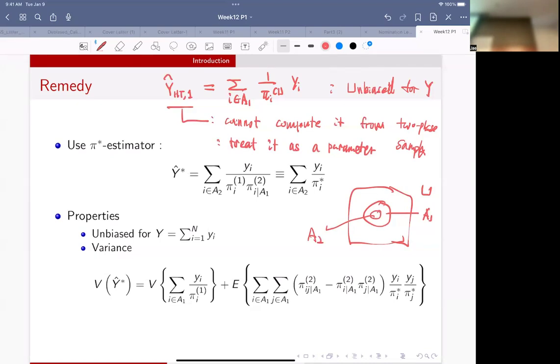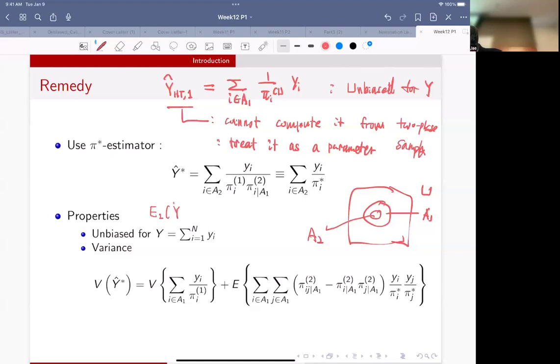So I can basically use the A2 sample to estimate the quantity defined in A1. So that is basically the idea.